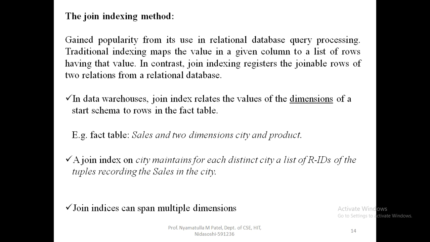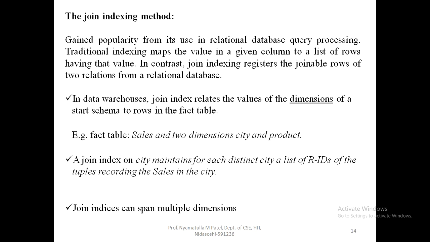Join indexing is especially useful for maintaining the relationship between a foreign key and its matching primary key from the joinable relations. The star schema model of a data warehouse makes join indexing attractive for cross table search, because the linkages between the fact table and its corresponding dimension table comprise the fact table's foreign key and the dimension table's primary key.